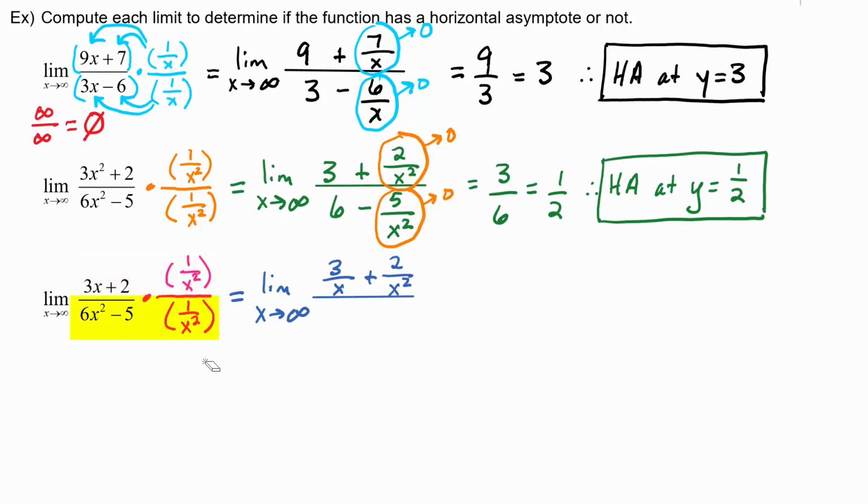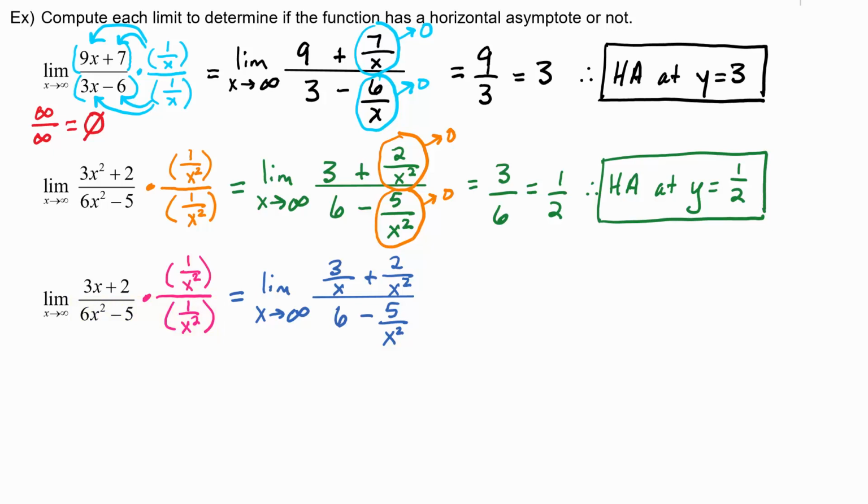In the denominator, we have to multiply using distribution. 1 over x squared times 6x squared is 6 minus 1 over x squared times 5 is 5 over x squared.